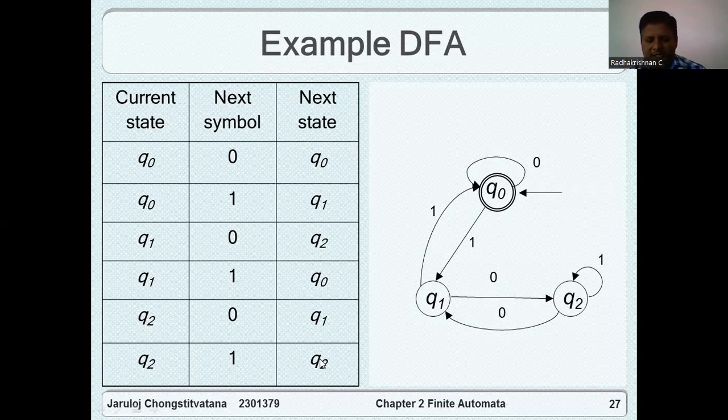So for all the states, when one input is read, exactly one next state is produced, and then the automata is called a deterministic finite automata.